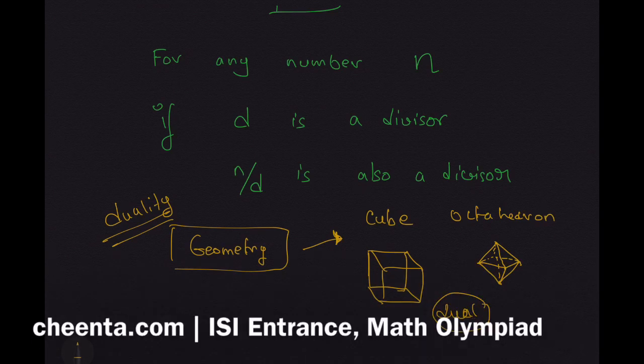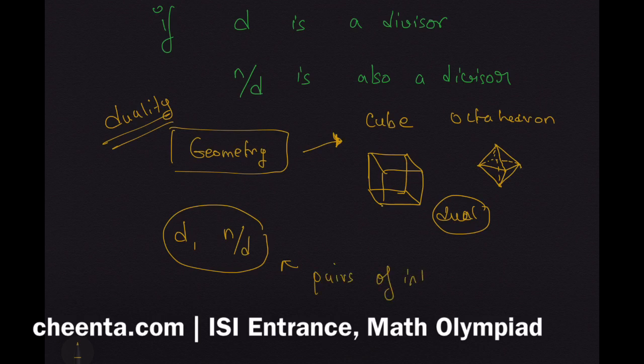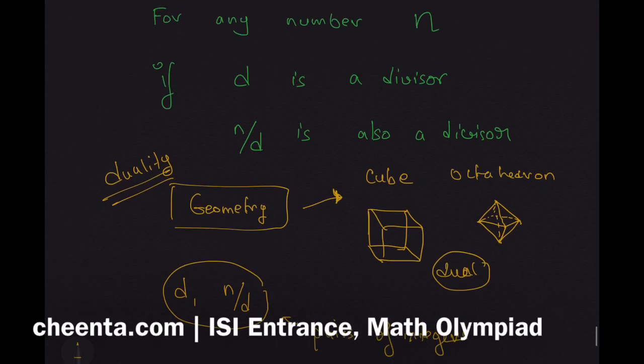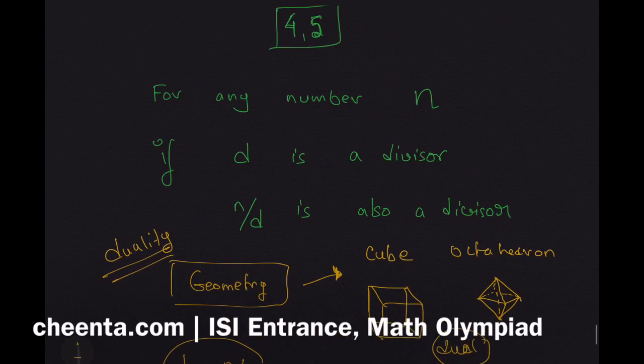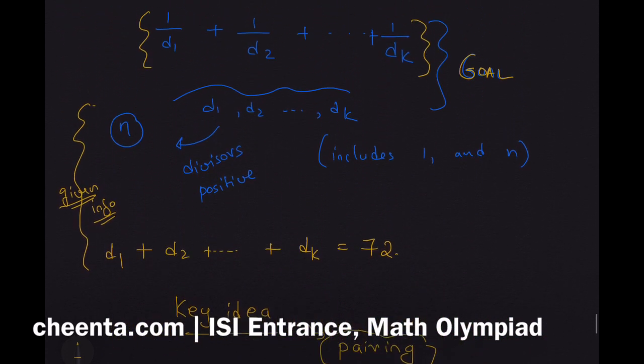They're in some way pairs of geometric objects, just like d and n over d are pairs of integers. So this notion of duality is very fundamental to mathematics itself, and we will use that to solve this problem.